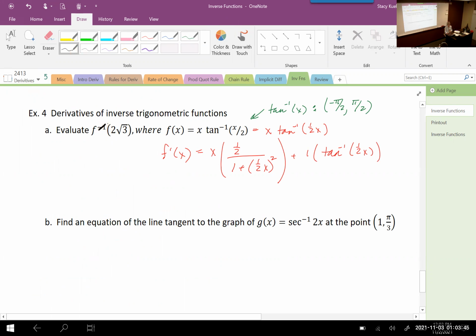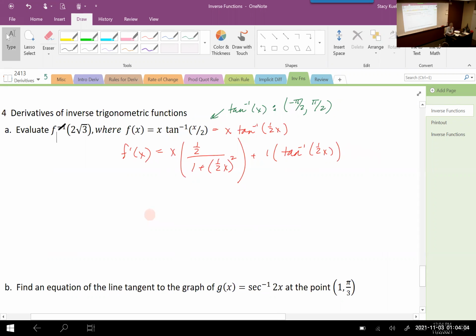So we want to evaluate the derivative at 2 square roots of 3. Okay, so let's clean up, or I don't really even have to, because I'm just going to evaluate it. If all I'm doing is evaluating, I'm going to plug in my values, right? So f prime of 2 square roots of 3 is what I'm looking at here.